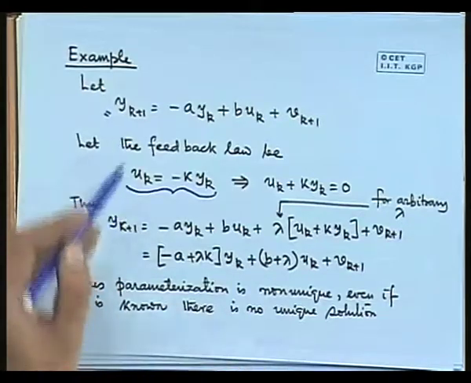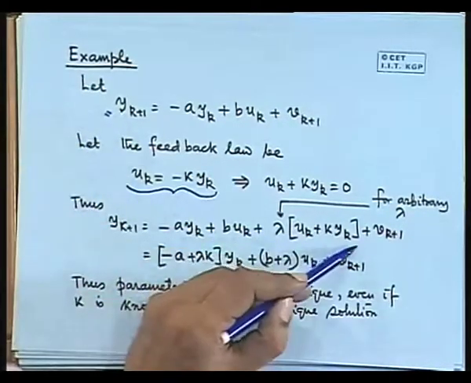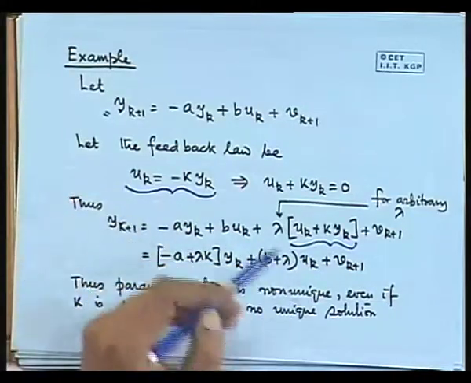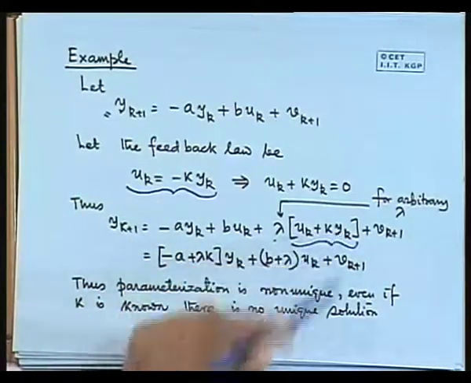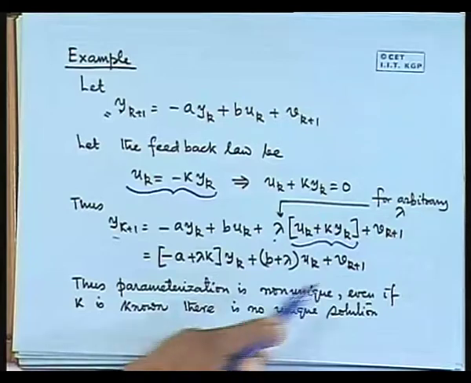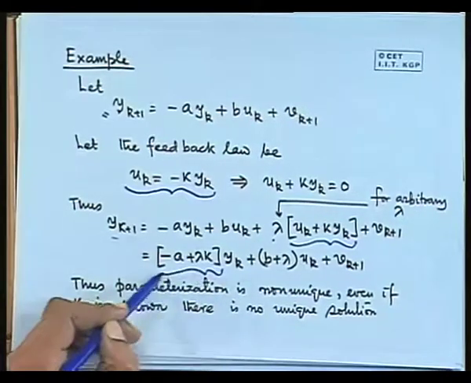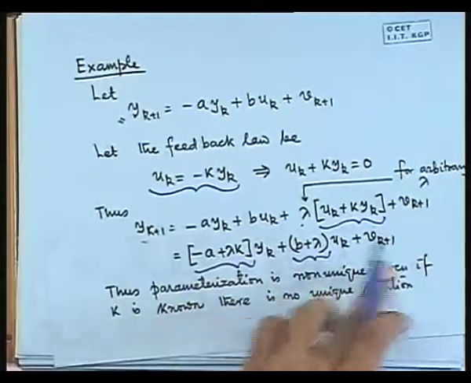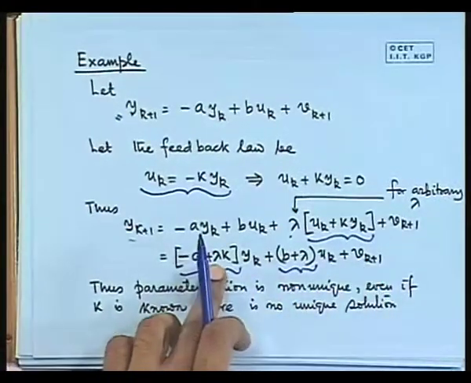So this equation, you can always add any amount of this term, and that equation is also satisfied. This lambda can be arbitrary because uk plus kyk is always 0. So this equation is also true. So if you break up, the open loop plant satisfies this equation for arbitrary values of lambda.